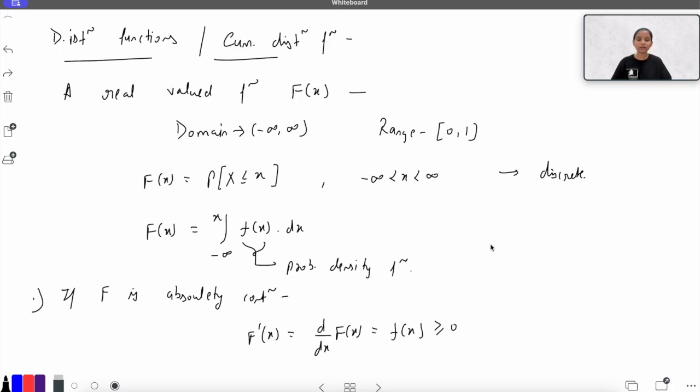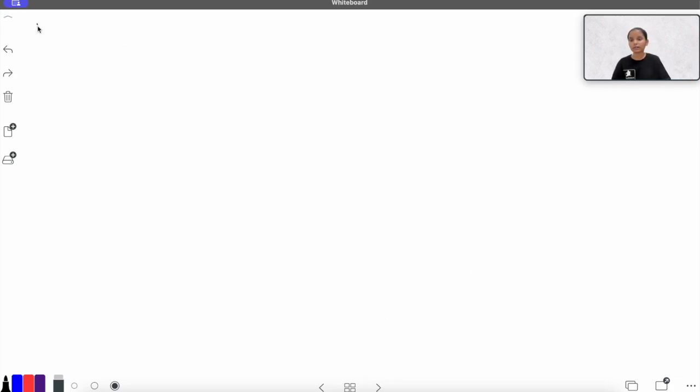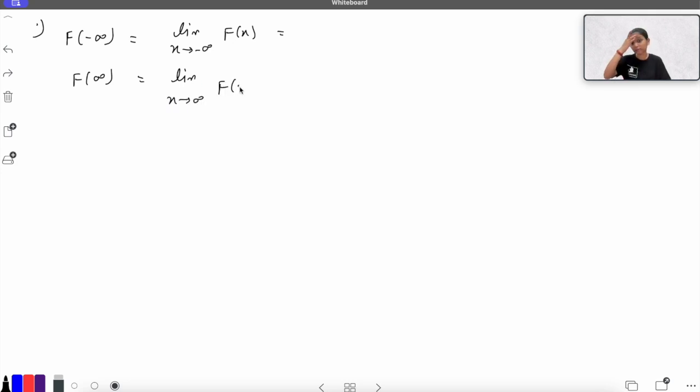Another property: when the range of x is from minus infinity to infinity, we look at the extreme bounds, the behavior of F at minus infinity and at infinity. That is the limiting behavior: the limit as x tends to minus infinity of F(x), and the limit as x tends to infinity of F(x).